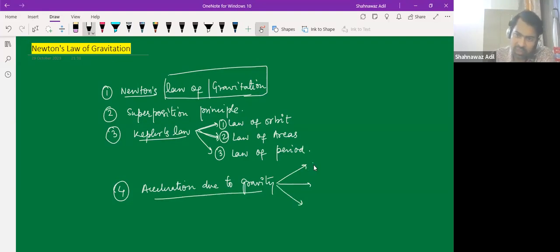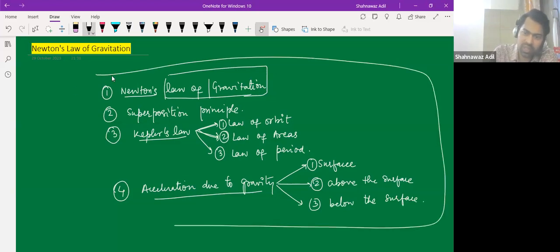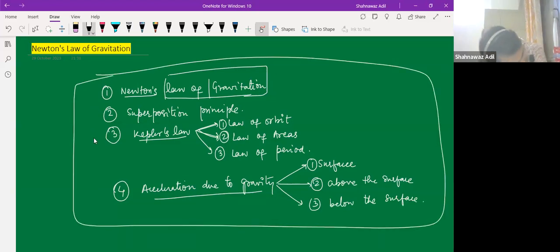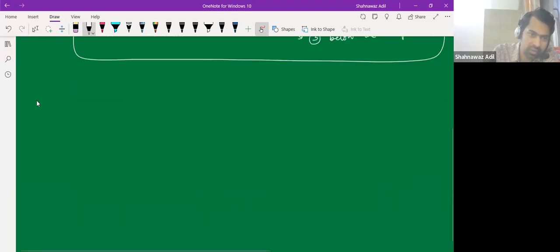But now we will understand what the gravity is at the surface, above the surface, and below the surface. So all these things we will try to understand. Let us hope that we complete these four topics today. That question took our time, right? Okay, quickly, let us do Newton's law of gravitation.